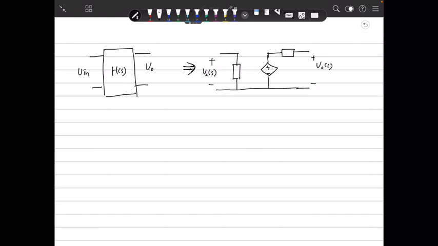This dependent source depends on HS and VMS. We define this as an input impedance and this as an output impedance.